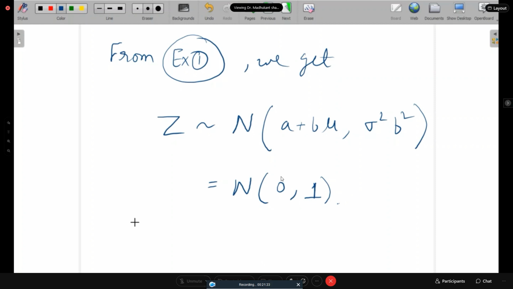So z will follow the normal distribution with mean 0 and variance 1, and we are going to define its cumulative distribution function by the notation phi of z, defined as the probability of Z less than or equal to z. This is the standard notation which many textbooks follow. Its probability density function is f_Z of z equals 1 by square root of 2 pi, sigma is 1, e to the power minus z square by 2.